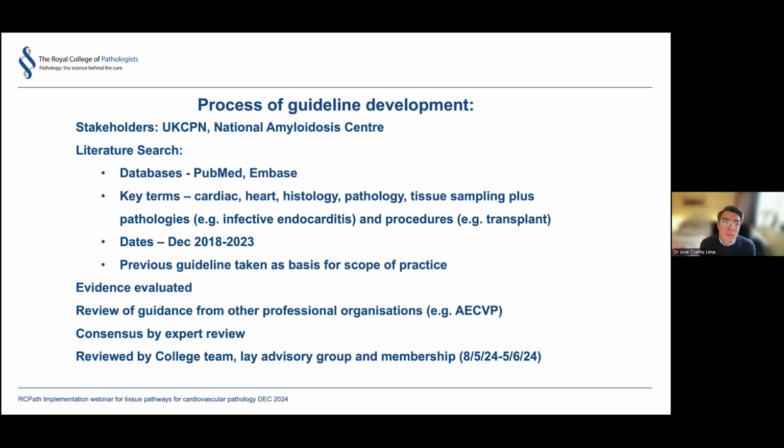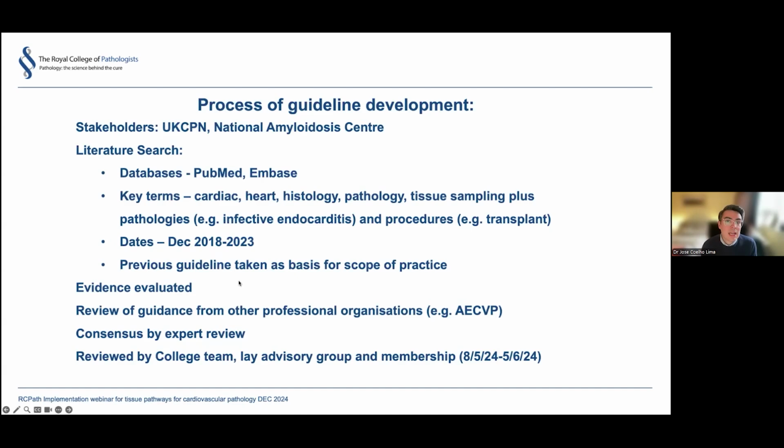And we performed a literature search on databases such as PubMed, comprising literature published from 2018, the year of the previous guideline being published, and 2023, using these key terms. And we also used the previous guideline as a base for the scope of practice.